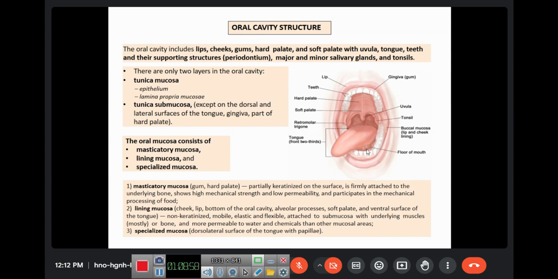It means that, for example, some drugs for heart attack can be placed in this area just below the tongue on the floor of the mouth, and these drugs can be dissolved very fast and absorbed very fast through this lining mucosa to multiple blood vessels.